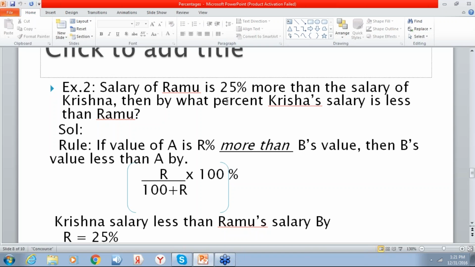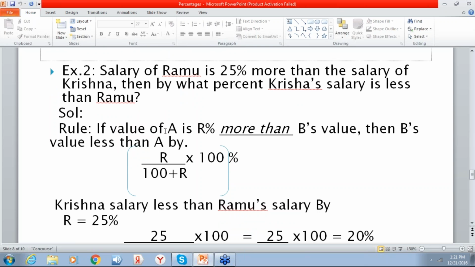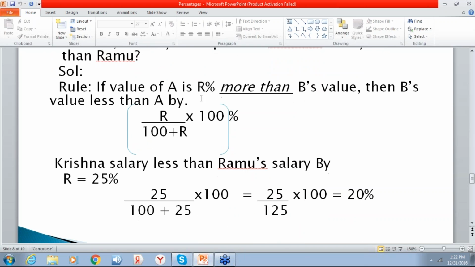The salary of Ramu is 25% more than the salary of Krishna. Then by what percent is Krishna's salary less than Ramu's? Here the rule is, if the value of A is R% more than B's value, then B's value is less than A's by R by 100 plus R into 100.